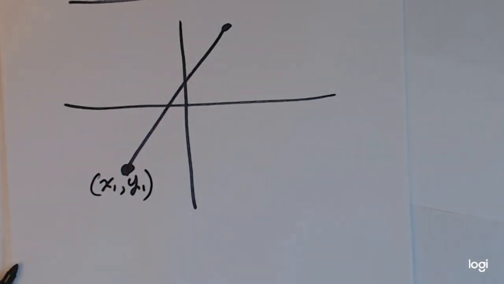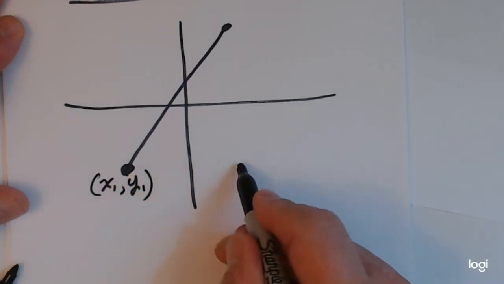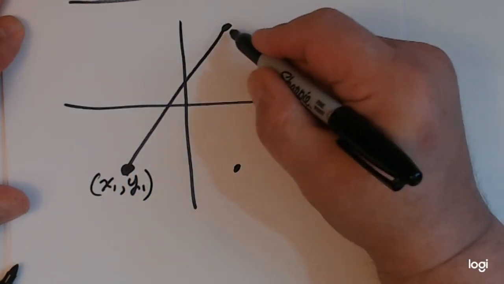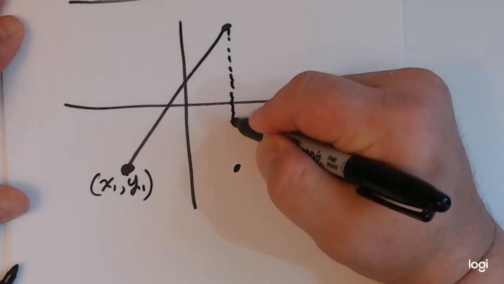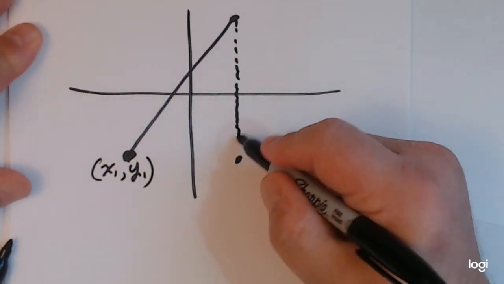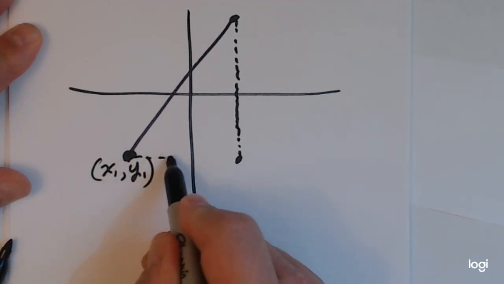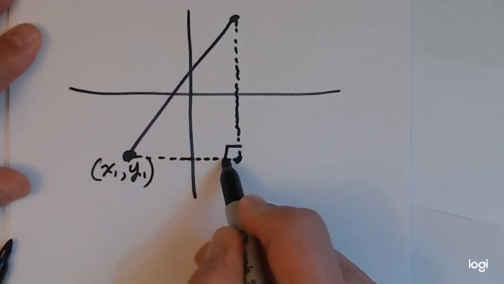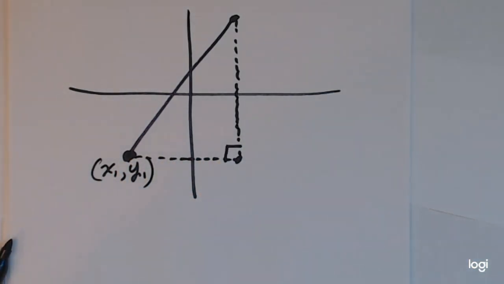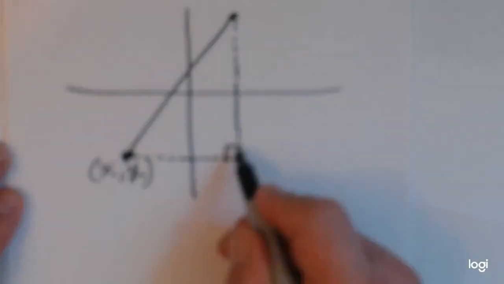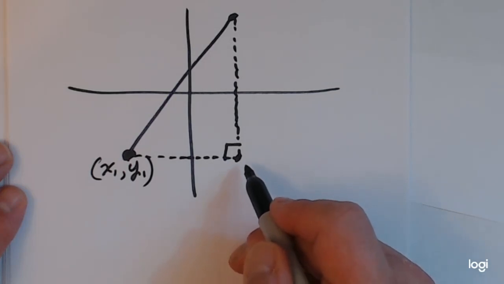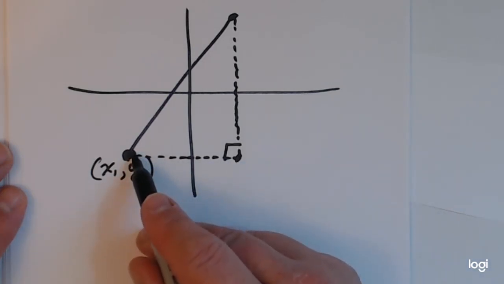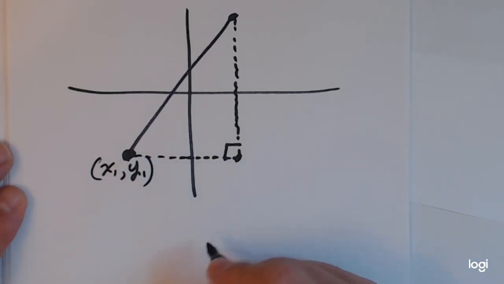Now, if I go ahead and I drop down a vertical line and throw in a horizontal line, okay, well, this point right here is going to have the same y value as this point to the left, but it'll have a different x value.